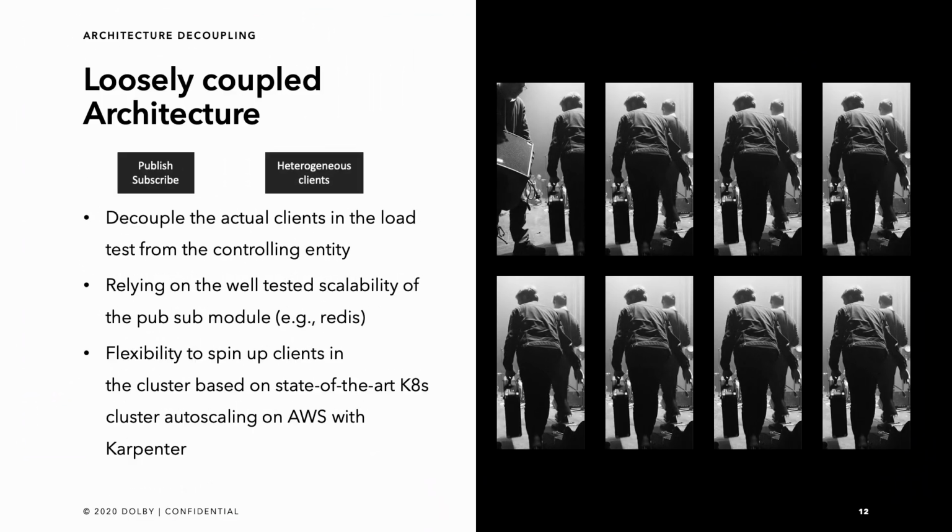As we move into the other parts of this architecture, the two other significant parts are the publish subscribe model and these heterogeneous clients. As I mentioned often in the rest of the presentation, we needed to build a loosely coupled architecture. And the publish subscribe pattern is what we adopted in order to build this loosely coupled architecture.